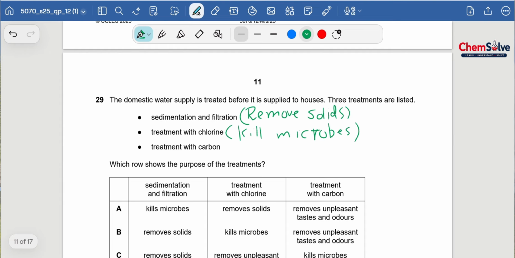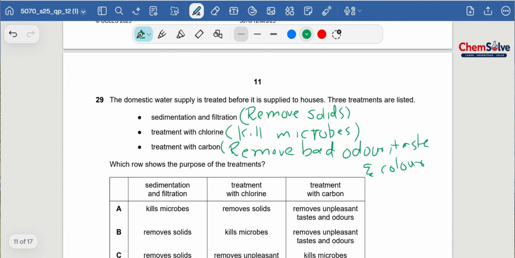Okay, and treatment with carbon, it removes bad odor, taste, and color.